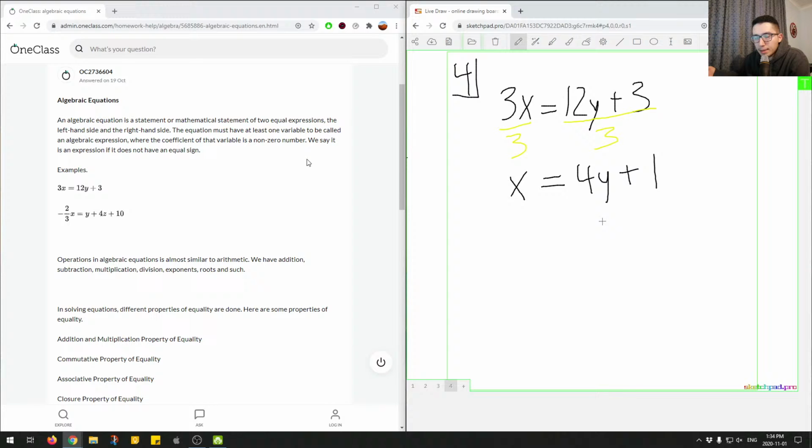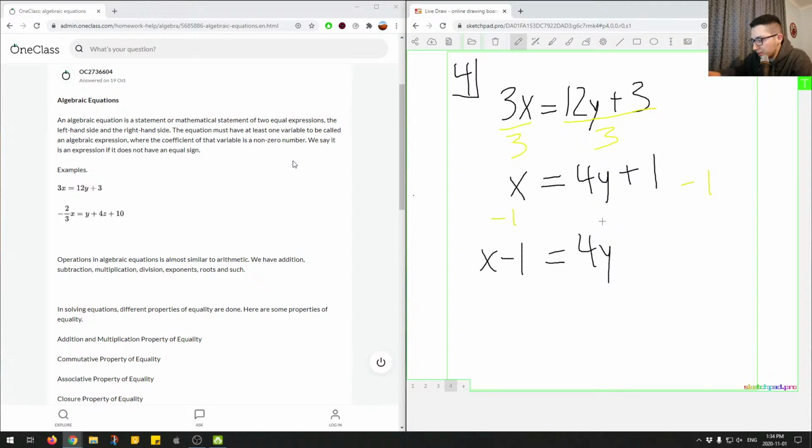We can do the same thing for y. Let's say we wanted to isolate for y. We can start off with this right here. We can subtract 1 from both sides of the equation, so minus 1 and minus 1, and we'd end up with x minus 1 on the left side equals 4y. Plus 1 and minus 1 cancel each other out.